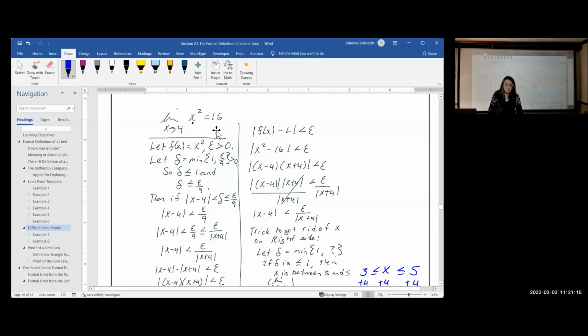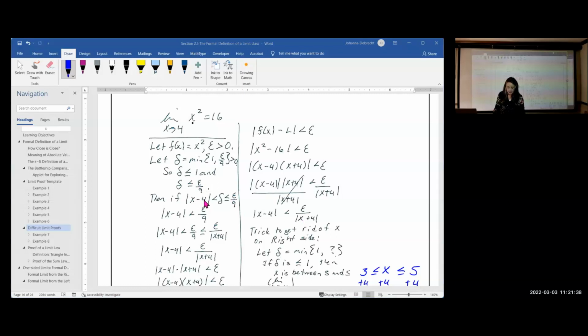When we're looking at this part right here, we've got let f of x equal x squared, epsilon be greater than 0. Then the next thing we want to do is let delta be the minimum of 1 and epsilon over 9. So that's our next step. Let delta be the minimum of 1 and epsilon over 9.